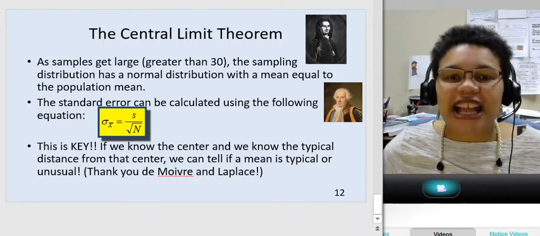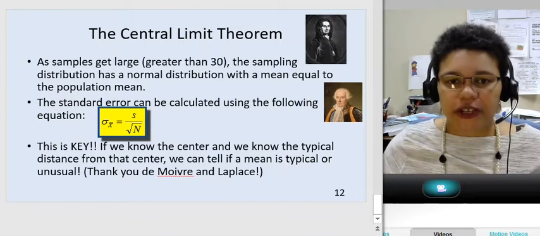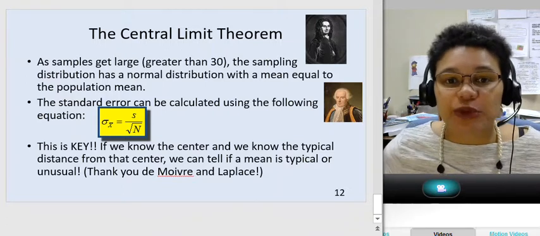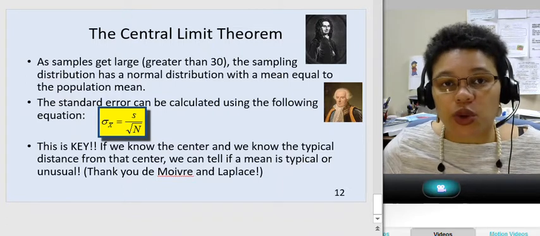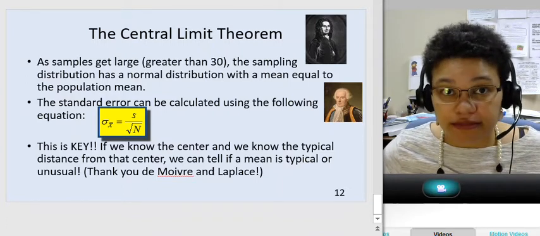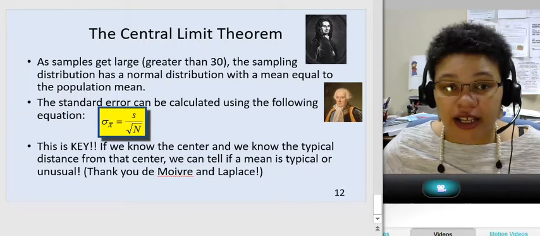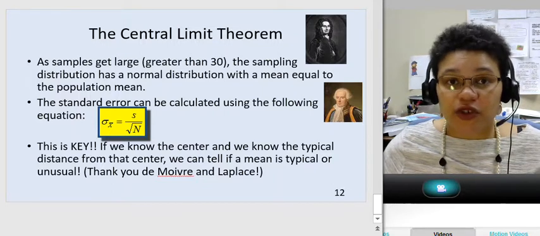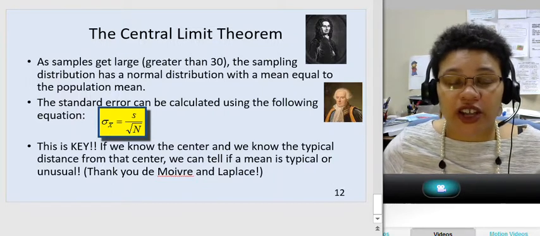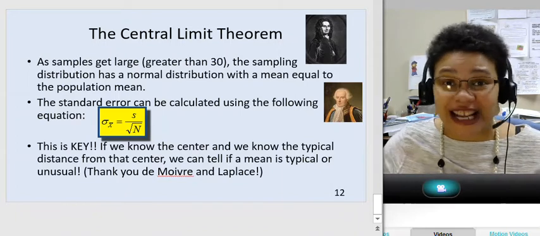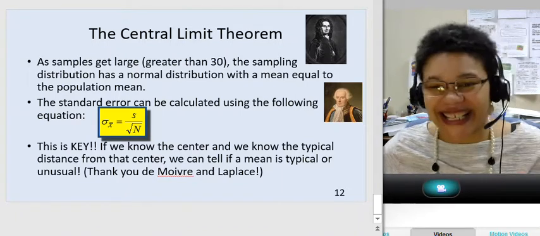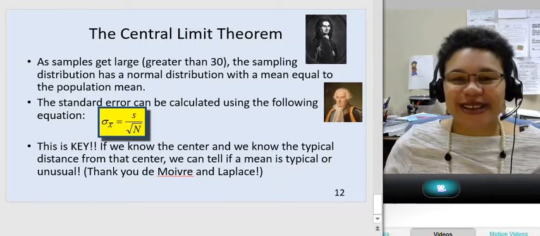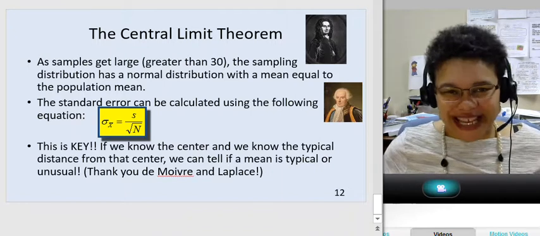As samples get large, greater than 30, the sampling distribution has a normal distribution with a mean equal to the population mean. We got a normal distribution with only drawing 5 or 20, but we were able to do it 200,000 times in a simulation.